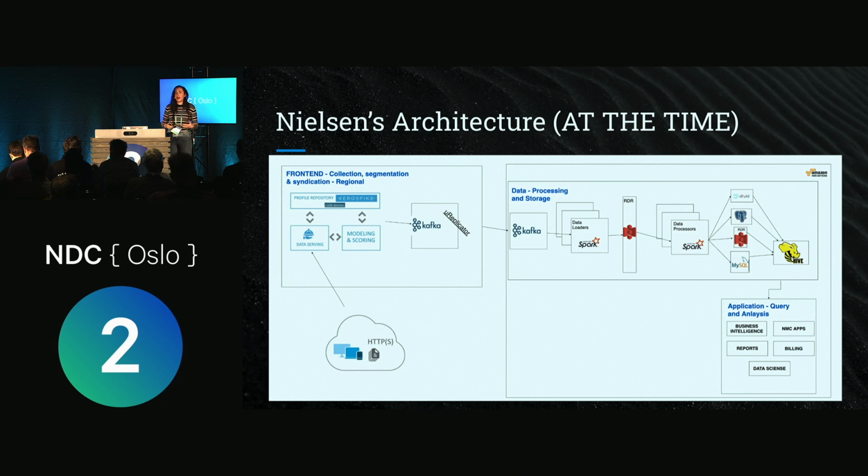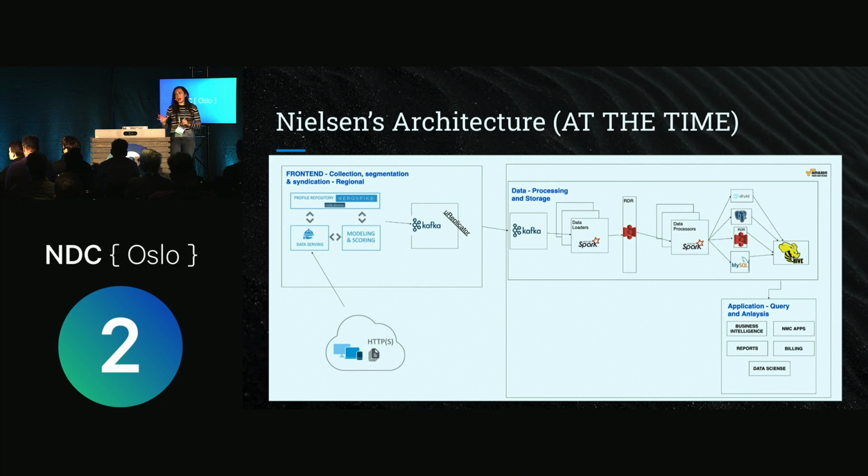From there, we have our Spark jobs. They run periodically. They, again, consume that data, enrich it, aggregate it, and eventually store it in all of these different data stores. So we have MySQL, we have Postgres, we have Druid, and even back into RDR. Each one of these data stores is serving an entirely different need, an entirely different application.